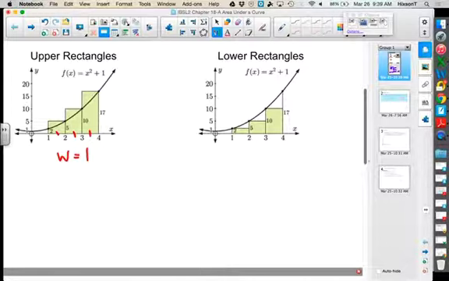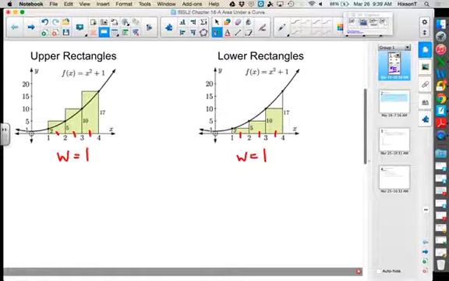Now, with our lower rectangles, we do the same thing. From 1 to 4, we cut it into 3 equal strips. Each of those has a width of 1.